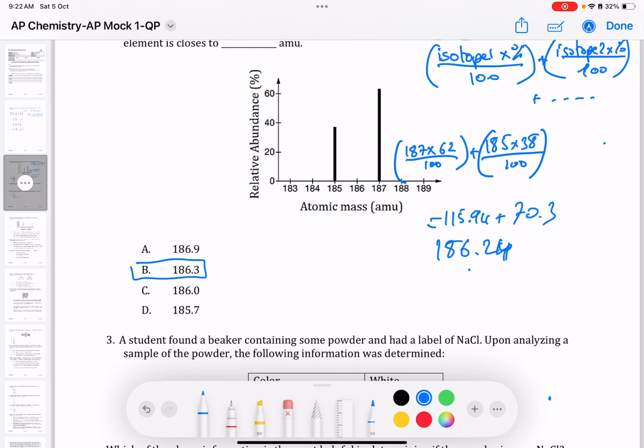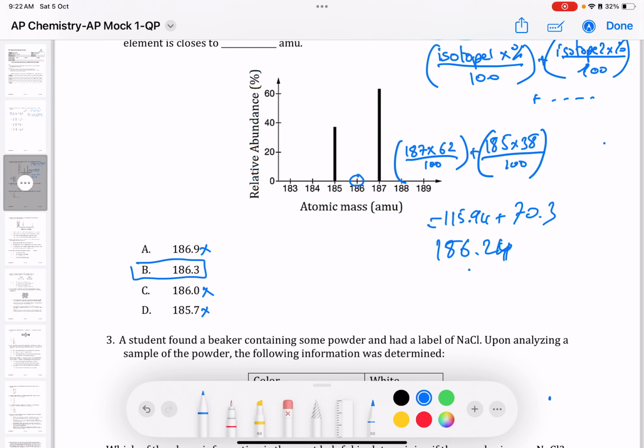Now I can see that this one is far from being the answer, because our answer has to be somewhere around this. It has to be 186 point something. So 186.9 is too close to the 187. So that's wrong. And it cannot be exactly 186 because the 2 isotopes don't have the same relative abundance.